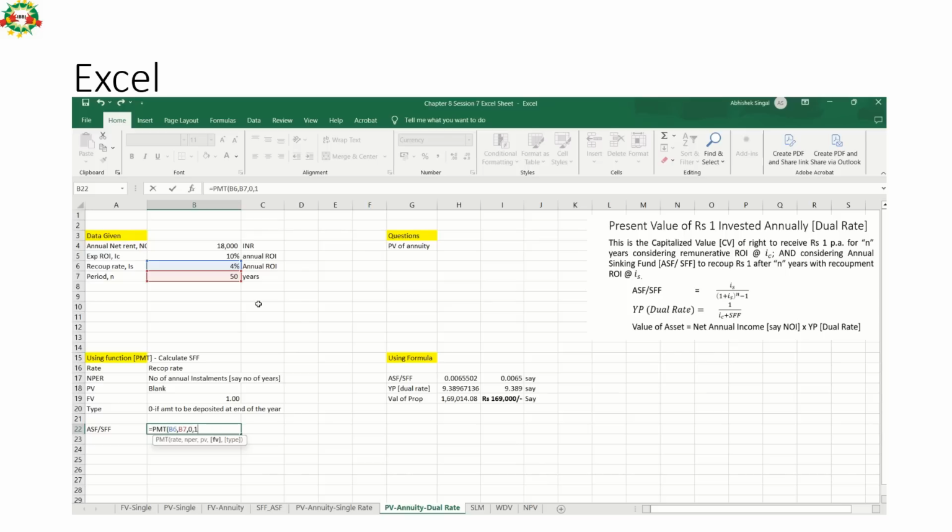After n number of years, you want to accumulate 1 rupee, right? And then the end of the year, 0. If you enter it here, it matches, ignoring the sign, 0.00655, correct?